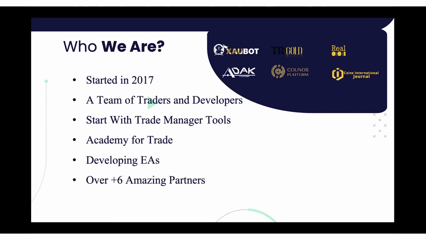We ask you some questions, and after learning about your personality, we give you specific courses based on it. In parallel, we also work on developing EAs that work based on AI and machine learning and can improve themselves, and you can also teach them your strategy for better performance. I will discuss that further later. Today we also have more than 6 amazing partners in crypto and Forex.